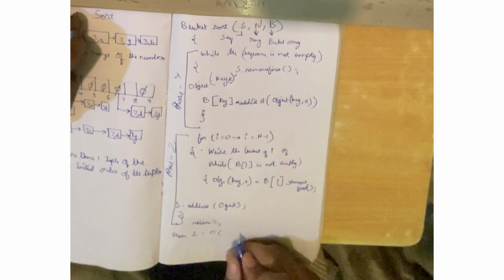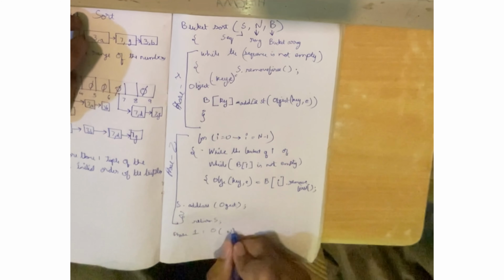So let's see how much time this takes. Phase 1 is going to be order of what? It is going to be order of all elements of S. So what is the number of elements of S? Let's say the number of elements of S is small n. Now let's see phase 2. Phase 2 will occur how many times? It will occur capital N times, which is the number of elements in our range. So phase 2 is going to be order of capital N, and small n is going to be the number of tuples, while capital N is our range.